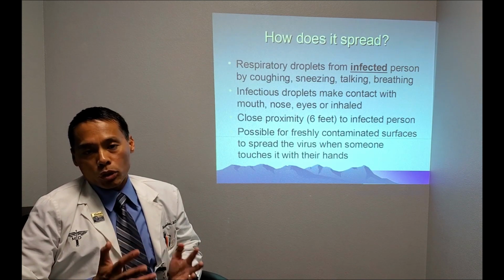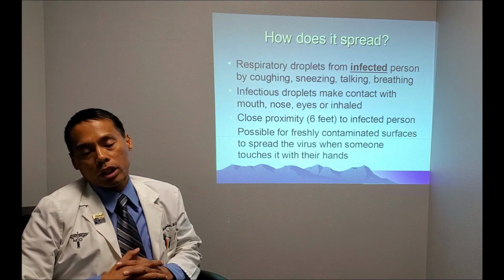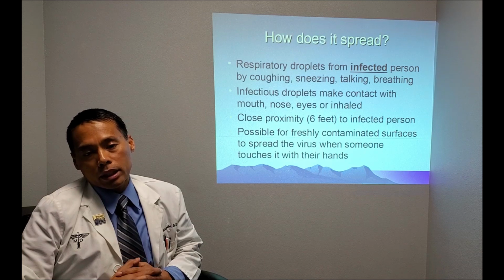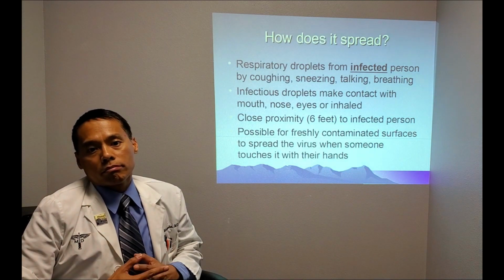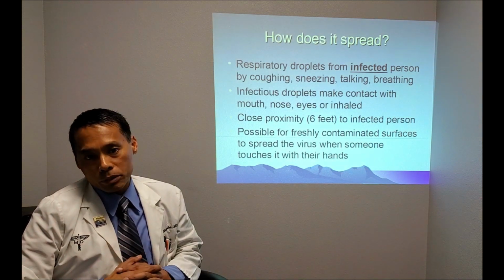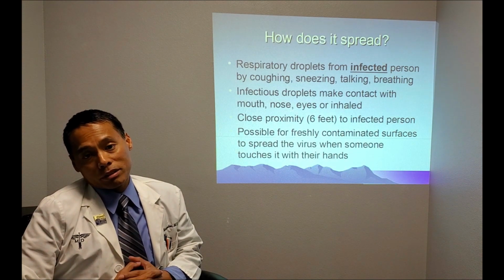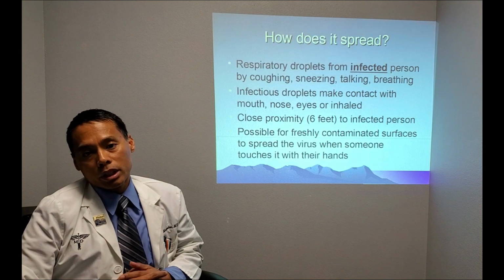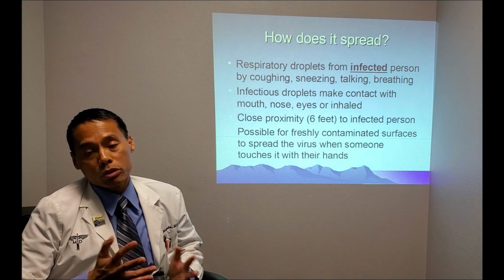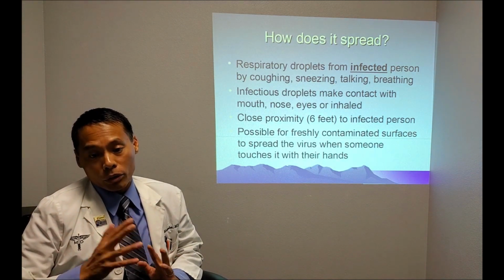And when the droplets enter the lungs, the virus replicates, and they cause a variety of symptoms. And in most people that are infected, the symptoms are actually very mild, but the common symptoms I'll mention later.